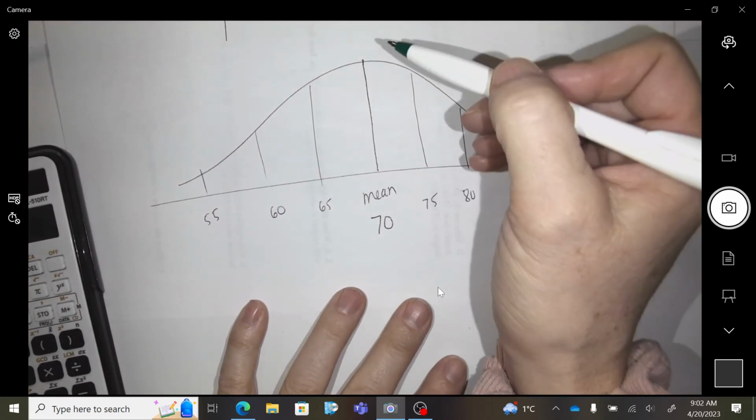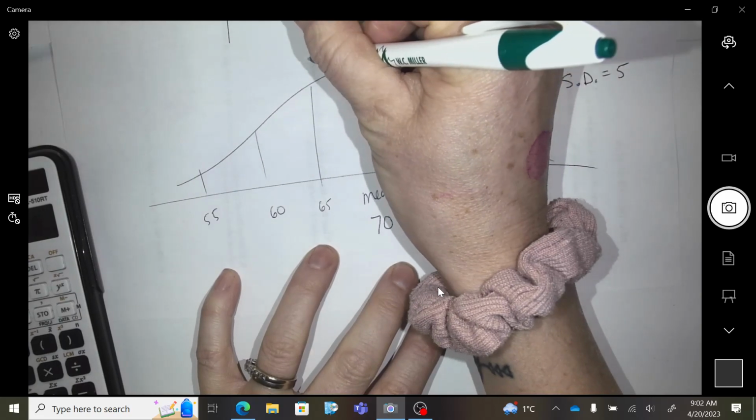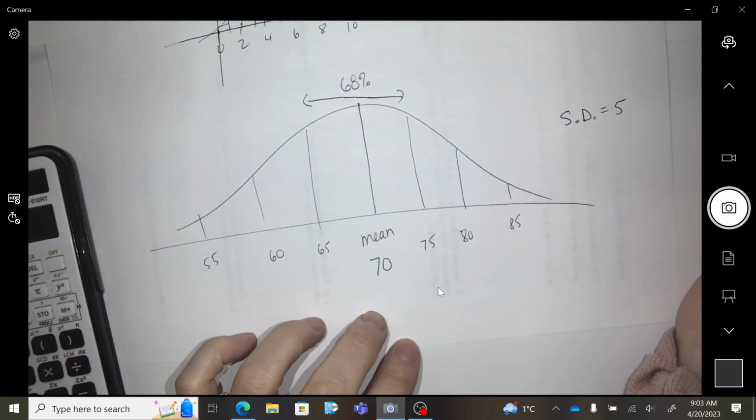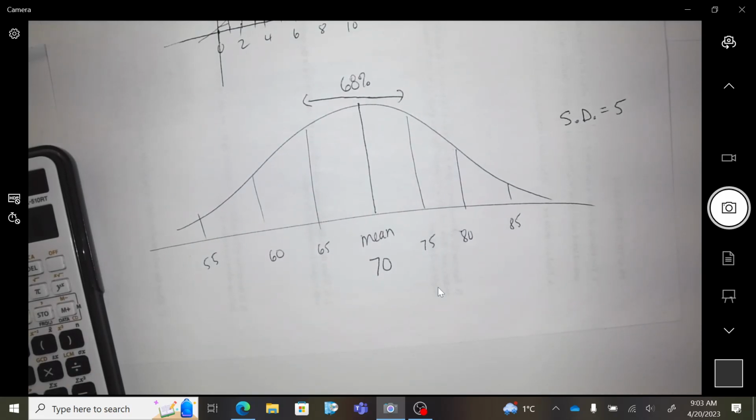What does it mean? It would mean that 68% of my students scored between 65 and 75% on the exam.